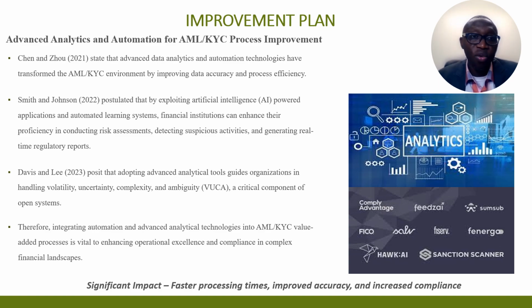The only way we can improve is to make sure that we invest more in this, and transform the environment by improving the data accuracy and process in the AML KYC unit. The significant impact of this is that we're going to have faster processing time. We are going to improve accuracy and increase compliance if this improvement plan is followed by investing in automation.